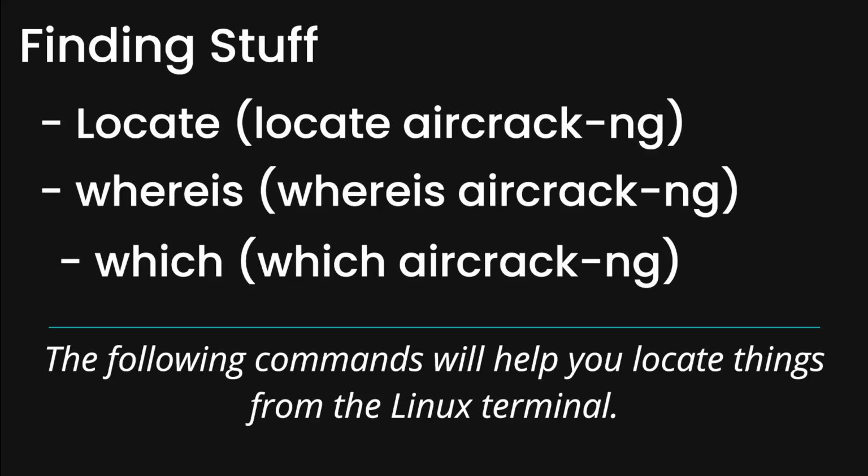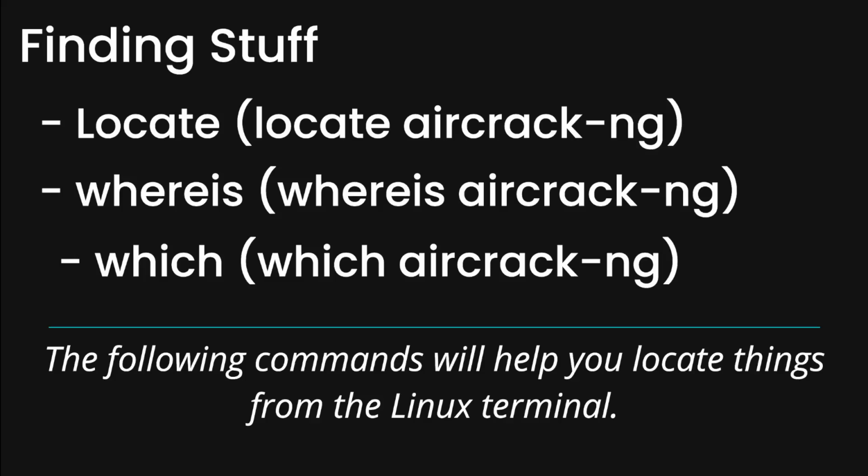Very simple. The next one is using commands to find things within the Linux file system. The first one is locate. The word locate will show you where something is. If you put locate aircrack-ng, it will show you where aircrack-ng is located within the Linux file system.